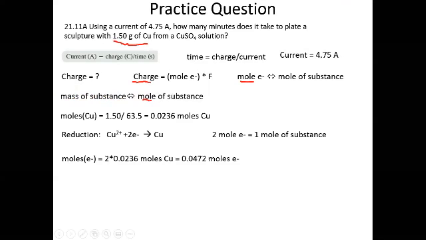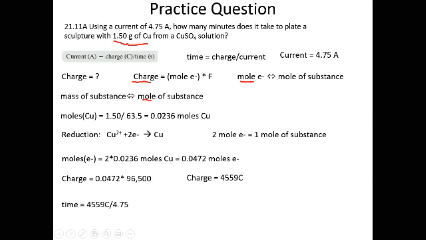Now we multiply by Faraday's constant to get the charge. And then charge divided by current gives us time. So it takes 16 minutes at a current of 4.75 amps to plate a sculpture with 1.5 grams of copper.